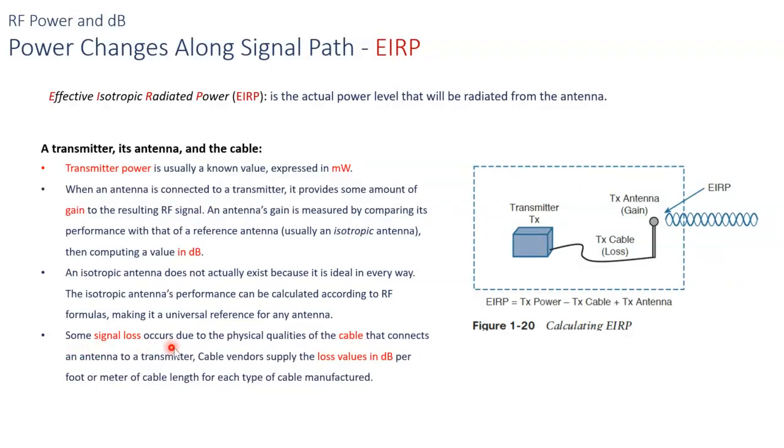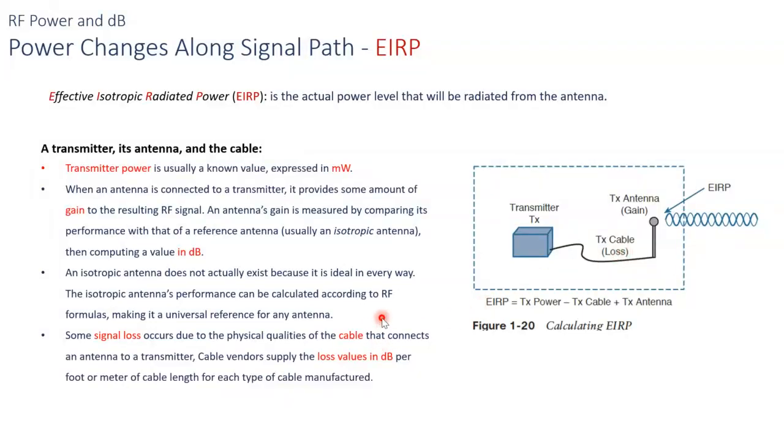So some signal loss occurs due to the physical quality of the cable. For this reason, we calculate the cable losses, because some signal loss occurs due to the physical quality of the cable that connects the transmitter to the antenna. Cable vendors supply the loss values in dB per foot or meter of cable length.